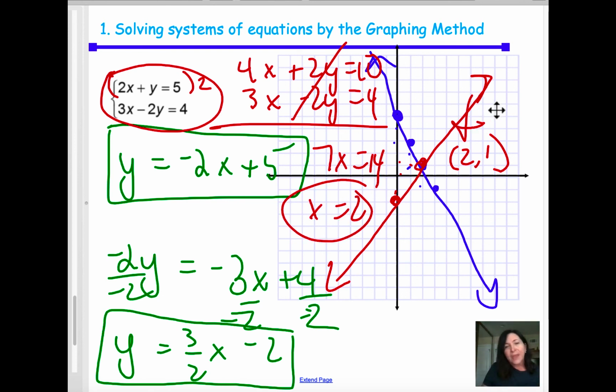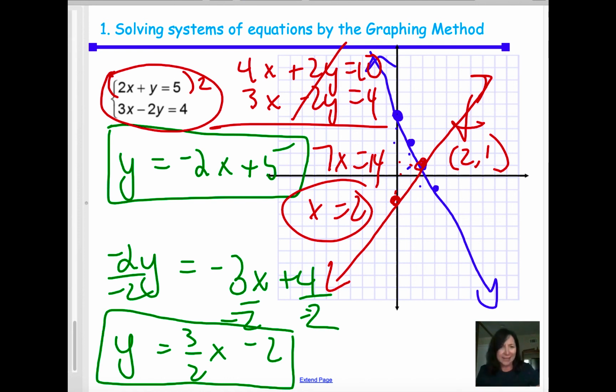There's my 2. And then I would plug it back into one of the equations, negative 4 plus 5, which is 1. So there's a bunch of different ways to solve these equations, but what you basically need to remember is that you are looking for an x and a y, not just one value, but you need to solve for both.